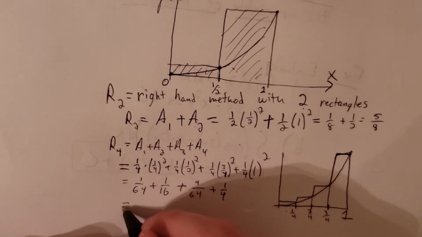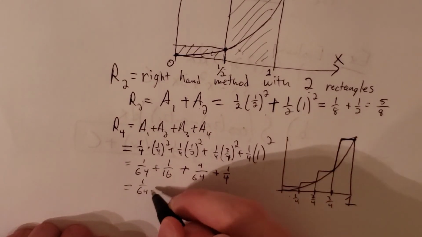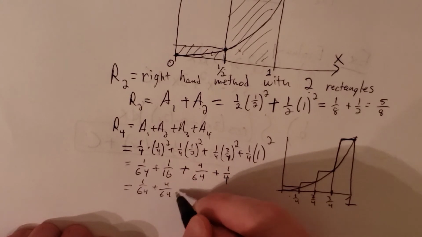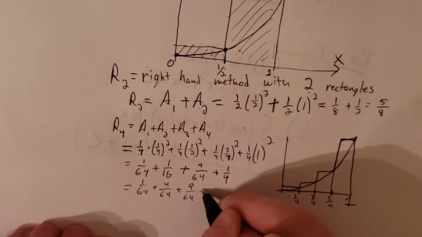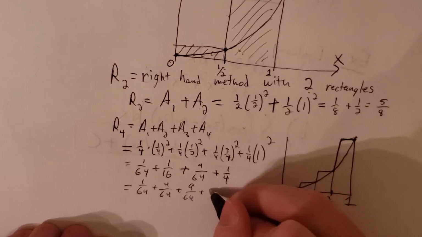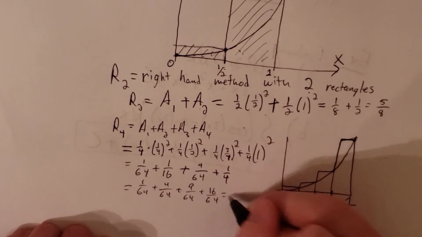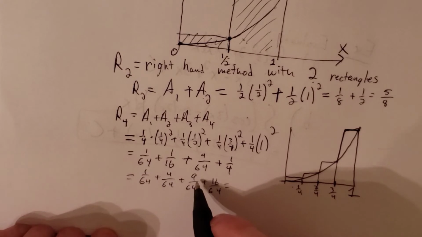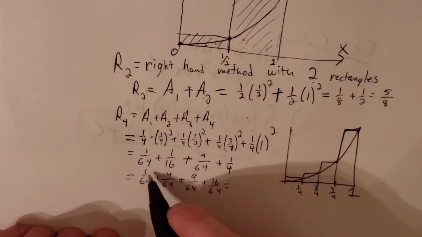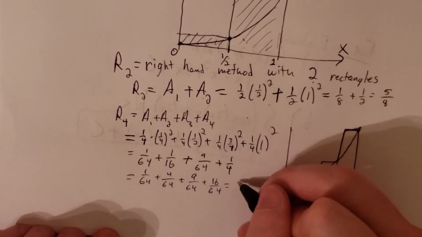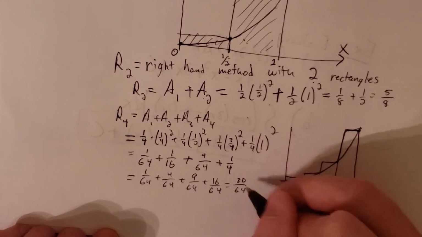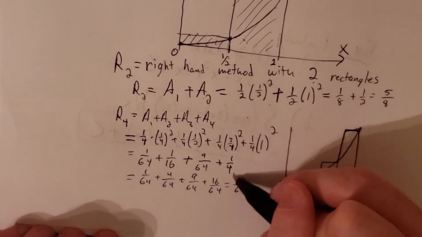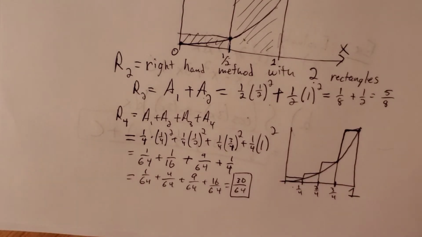All right, if we add up all of that, this is 1/64 plus 4/64 plus 9/64 plus 16/64. 16 plus 9 is 25, plus 4 is 29, plus 1 is 30/64. And that is our estimation of the area under the curve using 4 rectangles and the right-hand method.